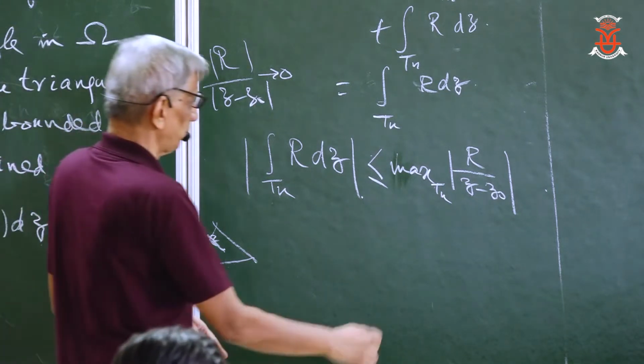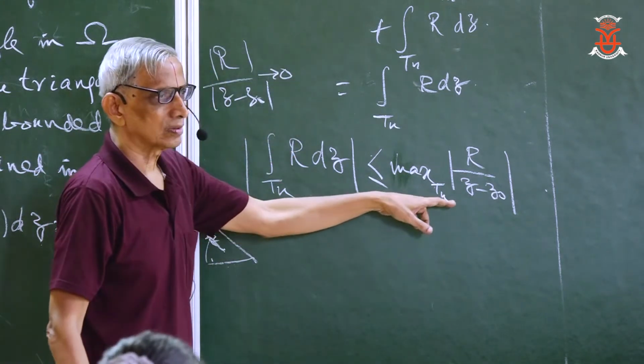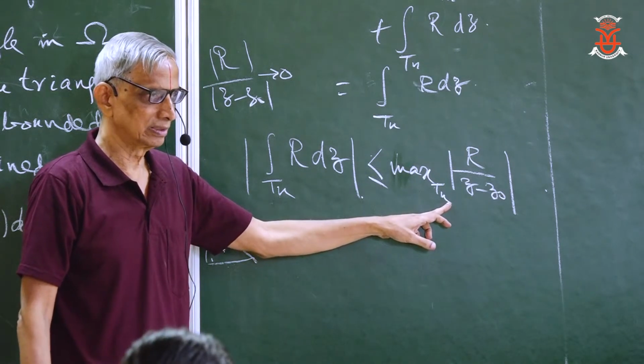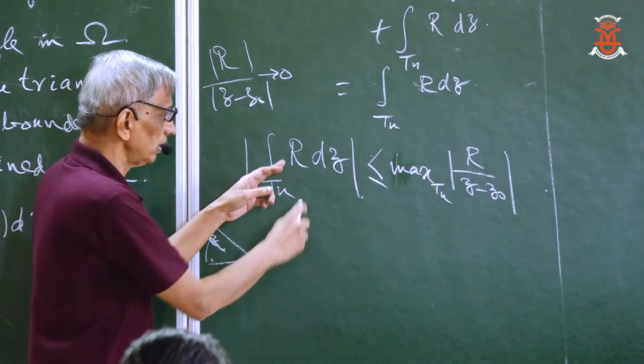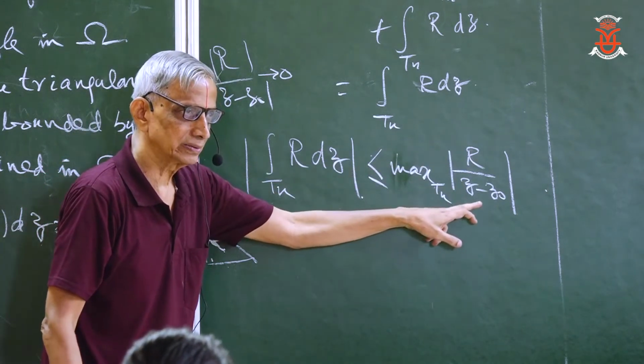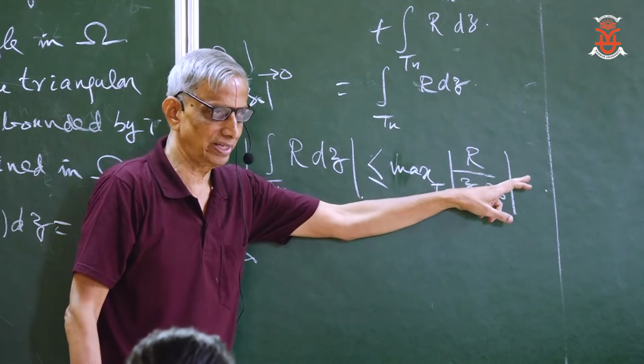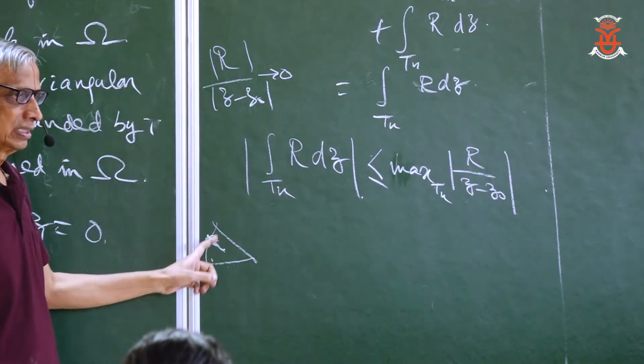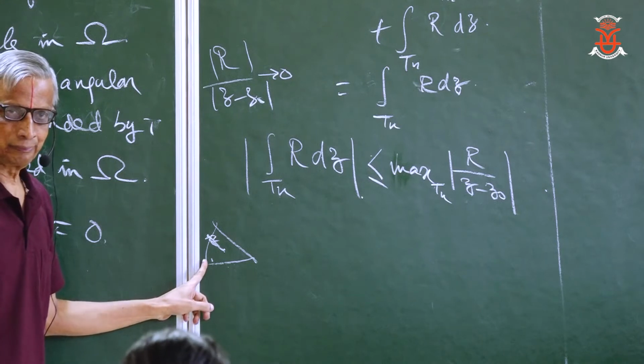So what will you get? The bound. This is a bound for R over z minus z naught, and you have another z minus z naught, which is bounded by the length of the triangle.